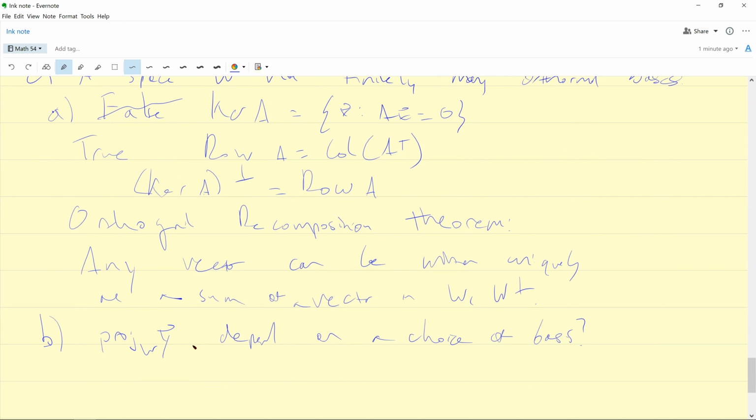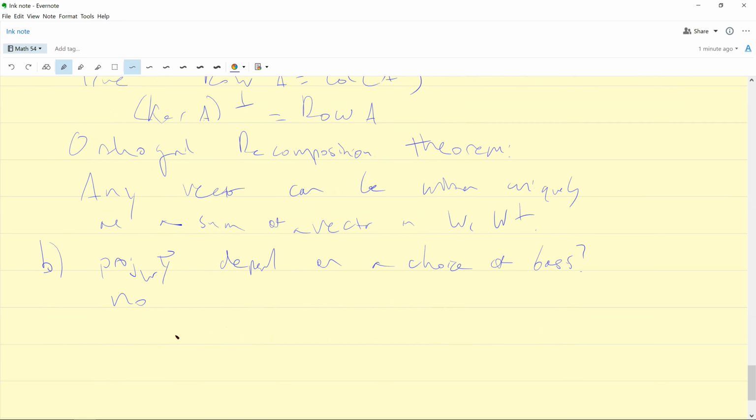I thought the answer might be no, so that it would be false, because the shortest distance from a point projected onto a plane would be the same no matter the basis within that plane. Yeah, exactly. Regardless of basis.